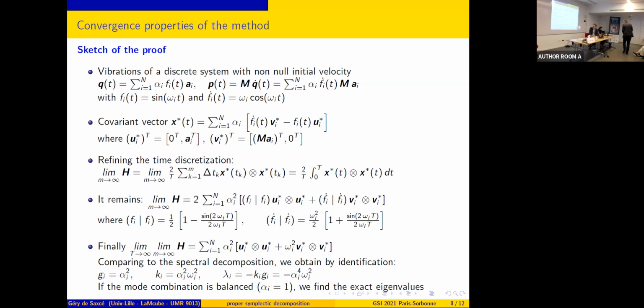And finally, we obtain this decomposition that we can compare to the spectral decomposition. And so we identify the eigenvalues in terms of the eigenfrequencies and the coefficients alpha i. So if the mode combination is balanced, in the sense that all the alpha i are equal to 1, we find, in fact, the exact eigenvalues by comparison to the previous result.